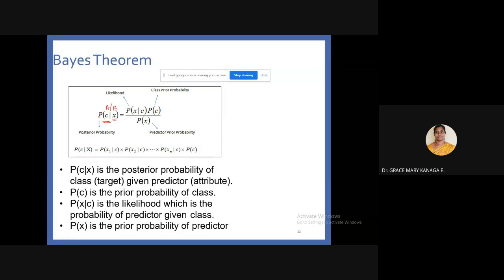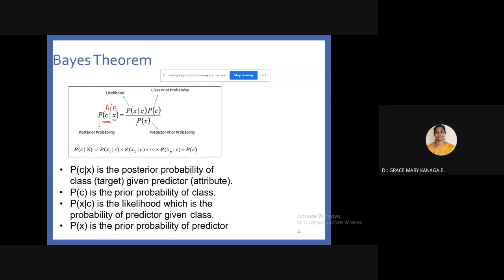So probability of C is the class. Probability of C when X occurs, or given X, is equal to probability of X given C into probability of C divided by probability of X. So this we call it as predictor prior probability, and this is the class prior probability.